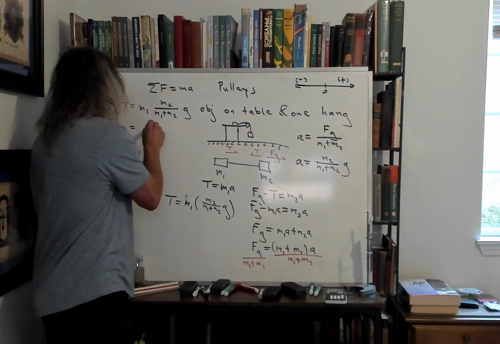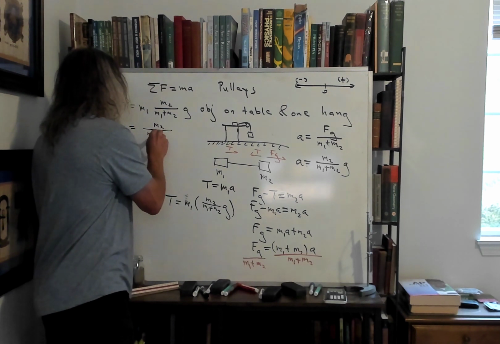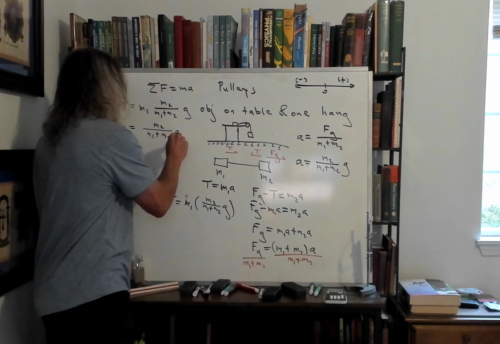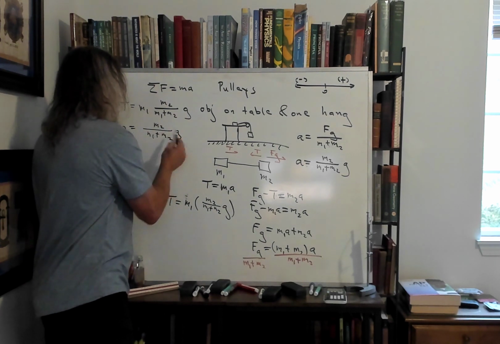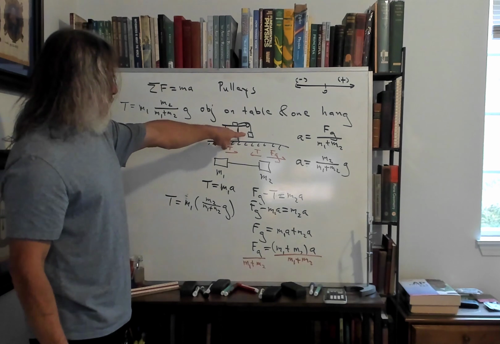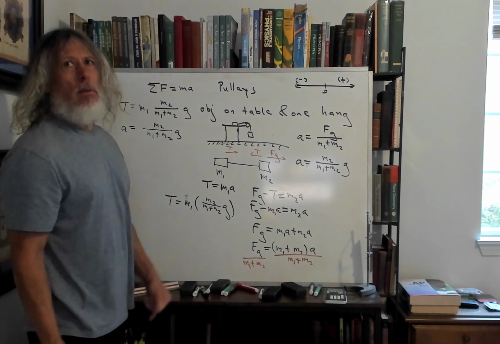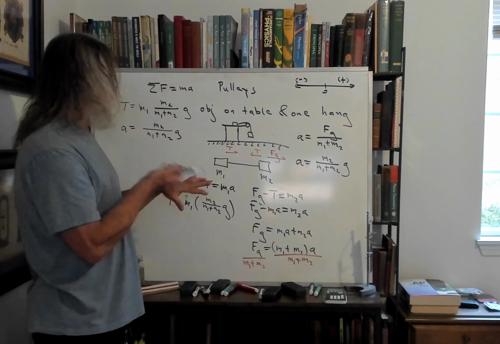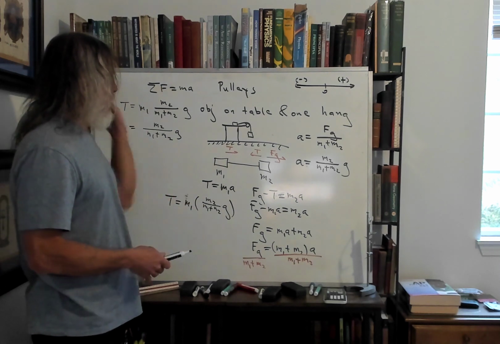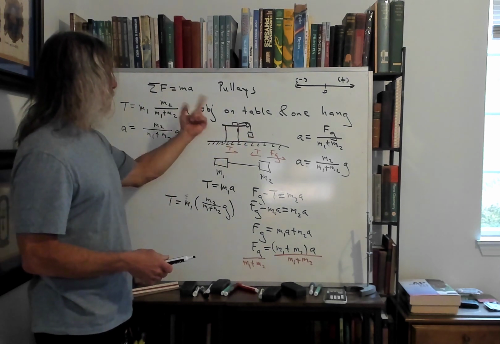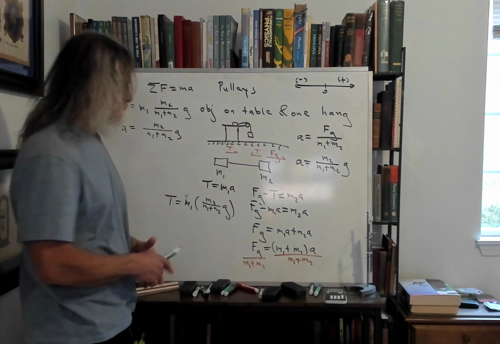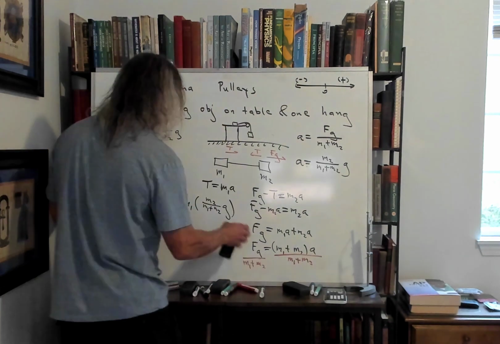Acceleration, M2 over M1 plus M2, G, where 2 is hanging and 1 is on the table. We can't get them switched out because that's how we did our analysis. Our analysis is M2 is here, and M1 is at first and second. Okay, so some problems.